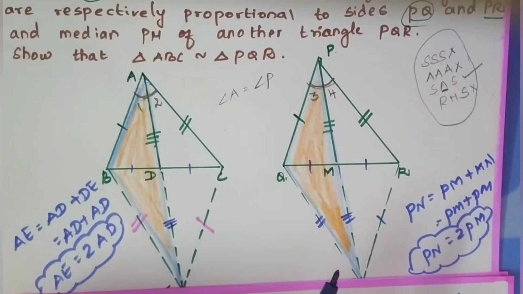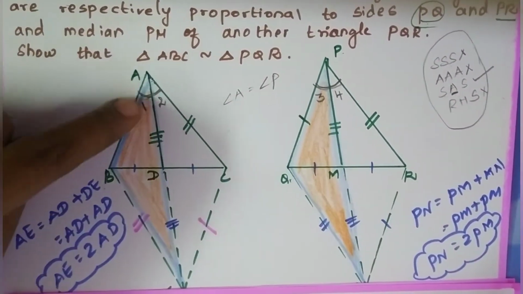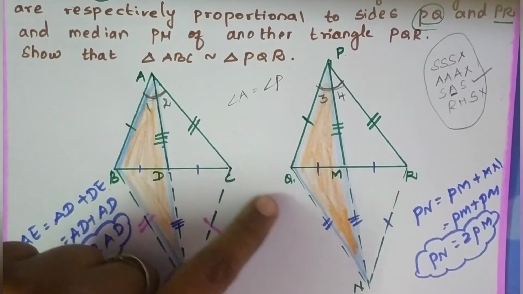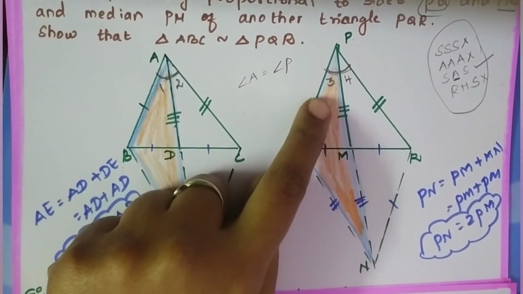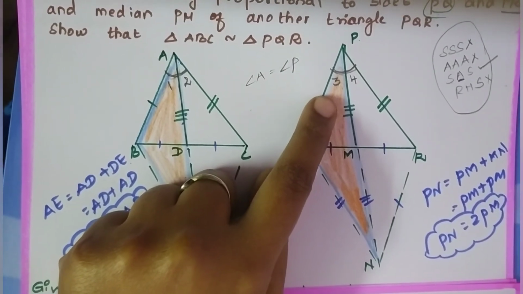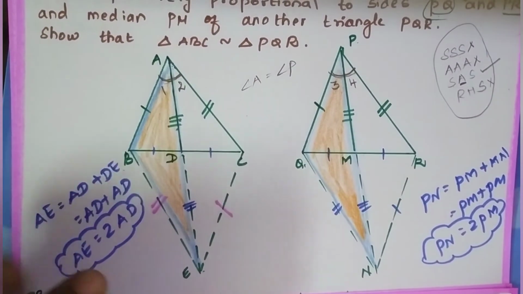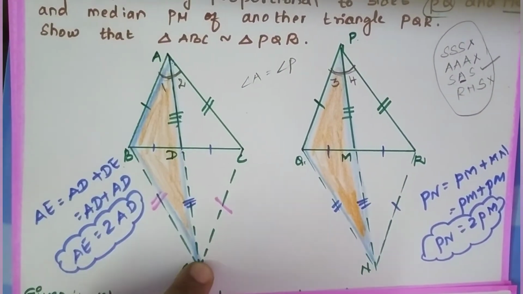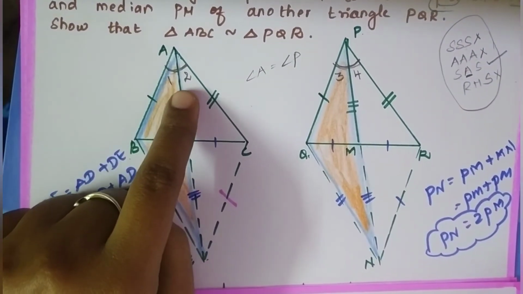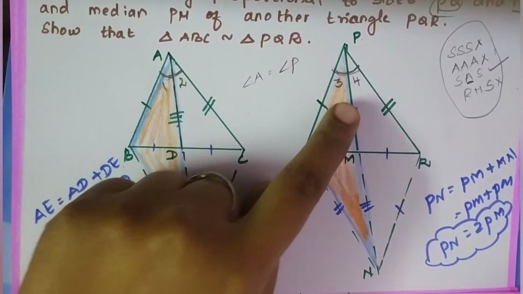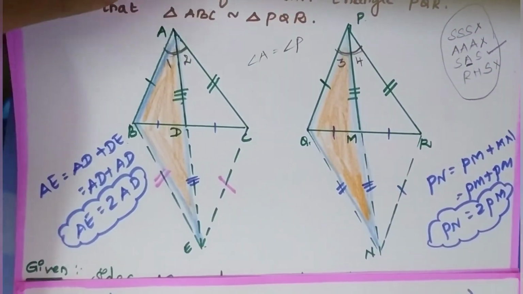If we proved that the two triangles ABE and PQN are similar, I can tell that angle 1 is equal to angle 3, and similarly we can prove that ACE is similar to the triangle PRN, so I can conclude that angle 2 is equal to angle 4.